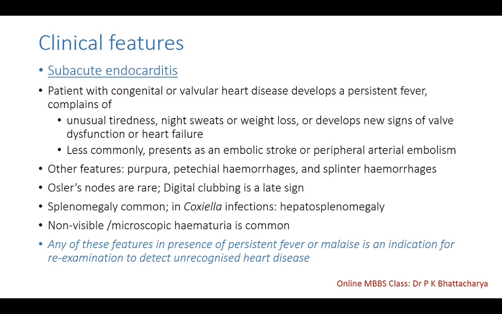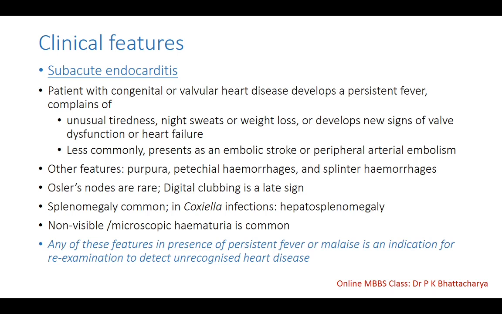The other features which are not so common are purpura, petechial hemorrhage, and splinter hemorrhages in the nail beds. The Osler's nodes, which we have just described, are not common, which is a painful bluish colored nodule, which is tender, in the pulp of the fingers.